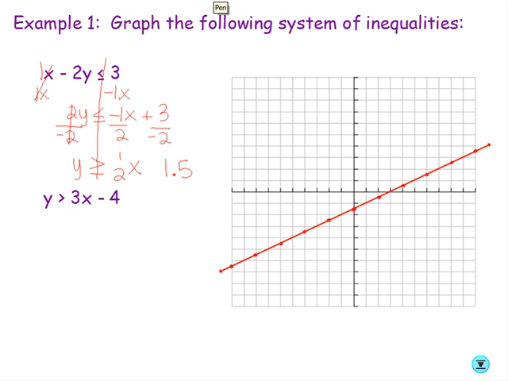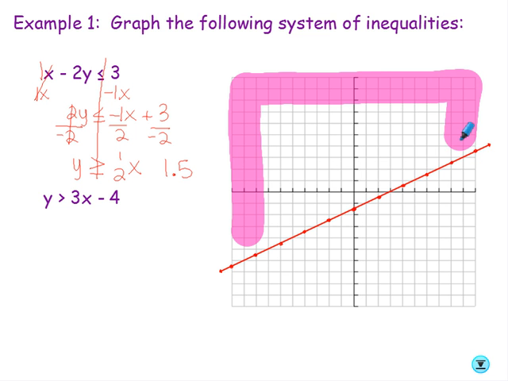Okay, now I have to shade. I need to look back at my symbol. This is a greater than symbol. Greater than means I shade up. So from this line, I'm going to shade all of this area up above the line.